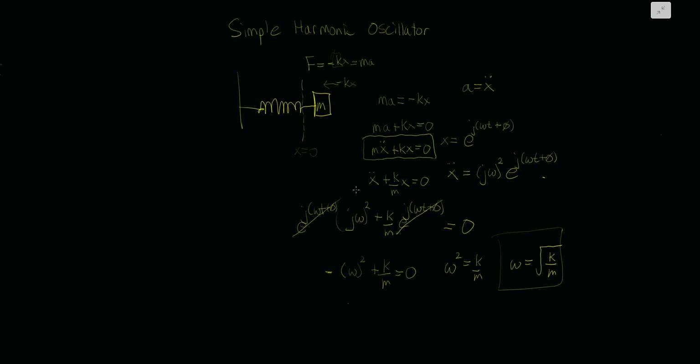So just as an easy example, if you have k equals 1 and m equals 1, then this omega is going to be 1 radian per second.